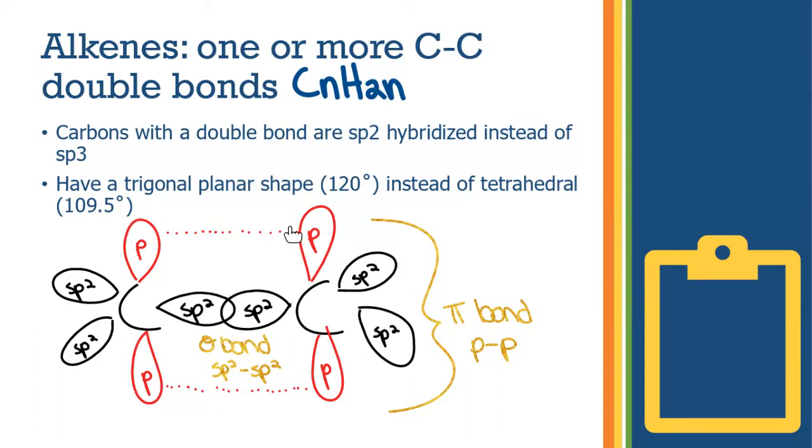And up here, we also have this attraction, which forms a pi bond, which is just 2p to 2p. Okay, so the sigma bond and the pi bond together form a double bond. Does that make sense? Okay.